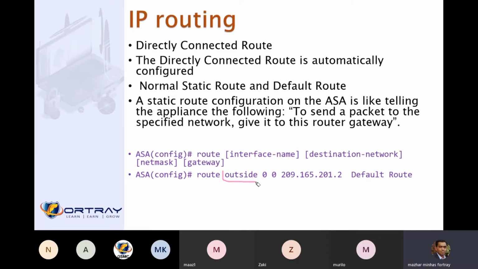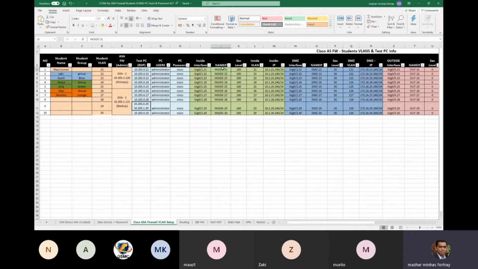Do you have to configure the name of the interface before configuring that? That's already configured for you on all the interfaces. You have your specific name, as per our spreadsheet: DMZ 21, inside 21, outside 20, out 21. These are the names already assigned.